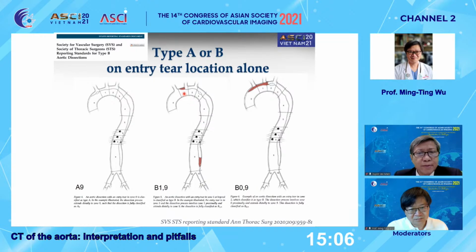This case, entering at segment 1 and extending to 9, is B19. And importantly, this case, entrance at segment 2, retrograde to segment 0 and 9, is B09. I just want to inform you that there is a new classification proposed and we should be aware of this.